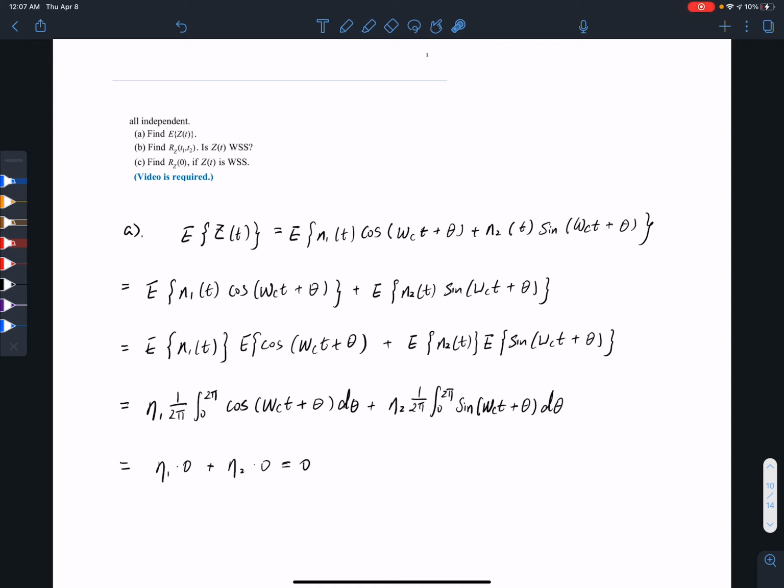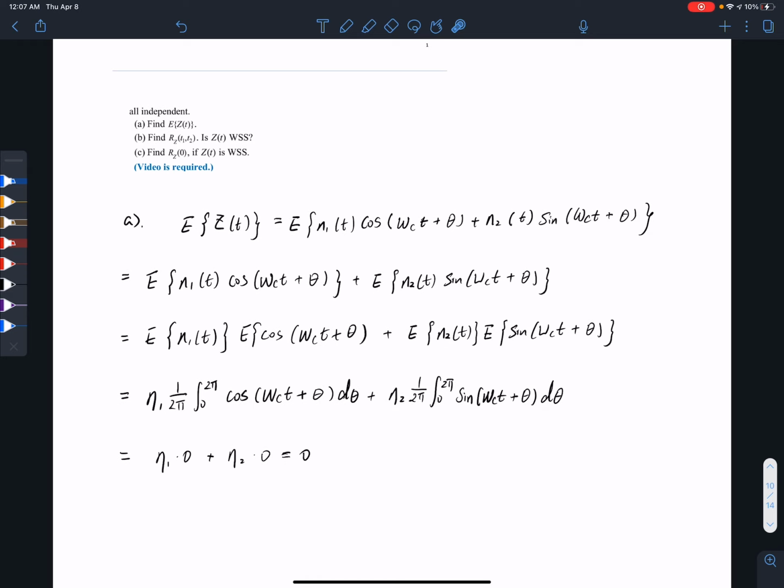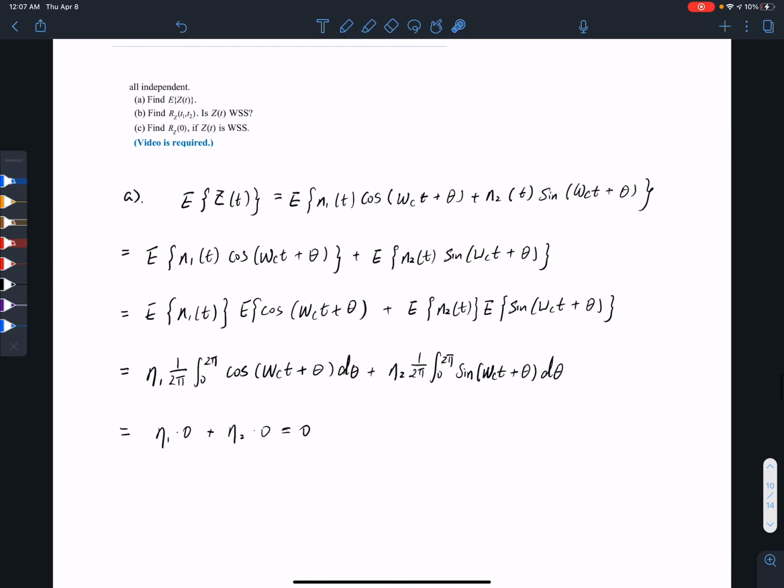Zeta is uniform on 0 to 2 pi, so it is 1 over 2 pi, integral from 0 to 2 pi of cosine(omega t plus zeta) d zeta, plus 1 over 2 pi, integral from 0 to 2 pi of sine(omega t plus zeta) d zeta. Since we can do the integral, it is equal to 0, and the final value is equal to 0.